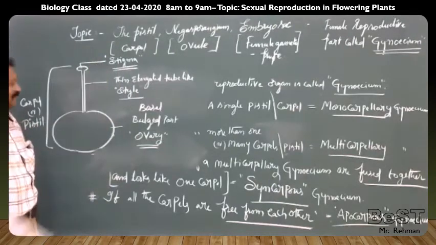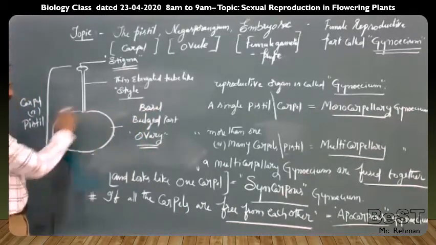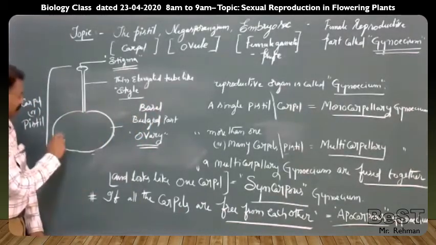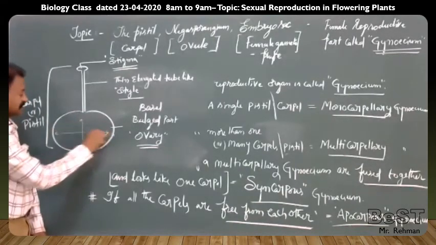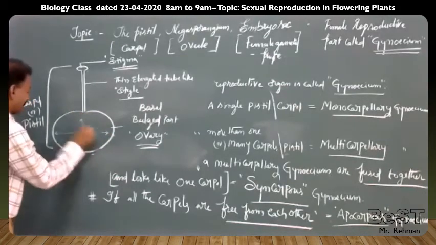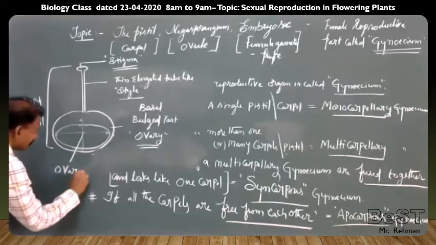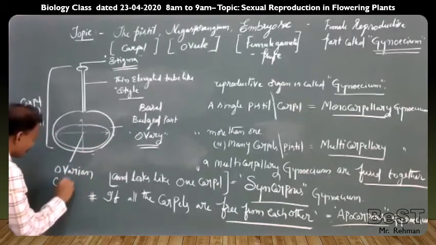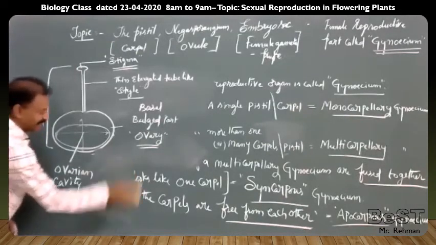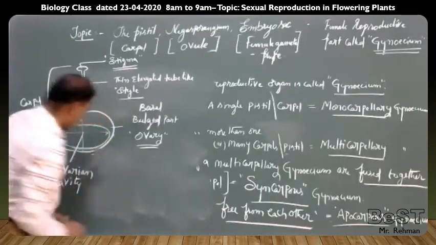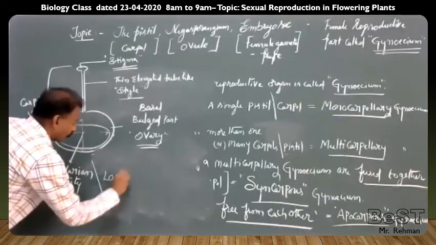What are these? Ovary is the basal, bulged part. In this bulged part, there is a place called the ovarian cavity. This ovarian cavity is also called locule.